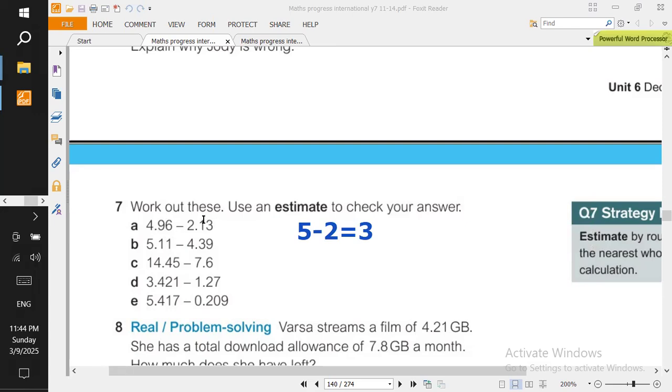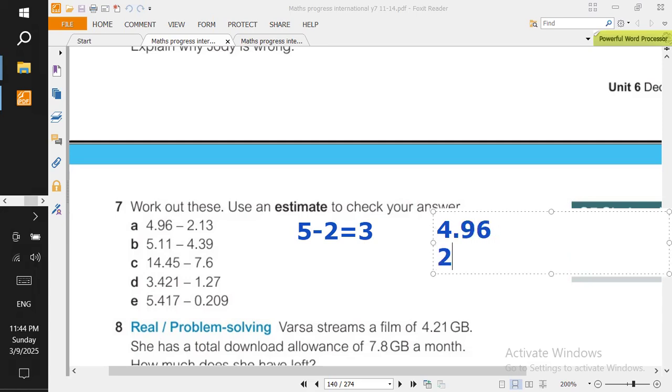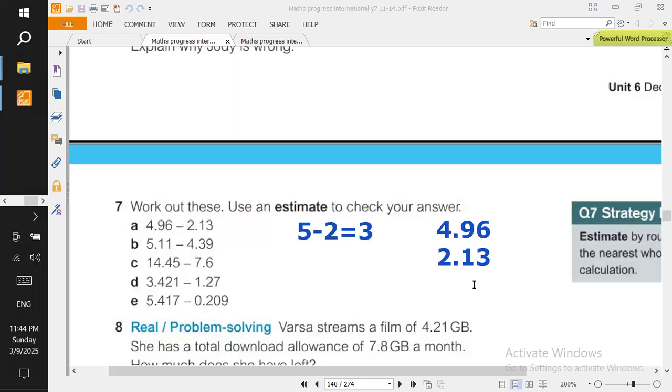Now you take it and subtract them the same way that we did before. So we put them on top of each other. 4.96 minus 2.13. Okay. Now when you subtract them, 6 minus 3 is going to be 3. 9 minus 1 is 8. And the decimal point. And then 4 minus 2 is going to be 2. So the final answer is 2.83.